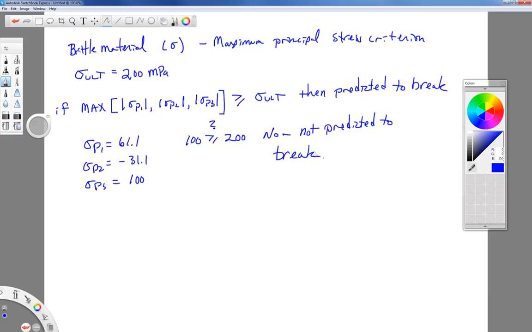Now, there is an assumption that we're making about the material in this particular situation. The assumption is that we have what's known as an isotropic material, which behaves the same in all different directions, and it also behaves the same in tension and compression. For some materials, that's a very good assumption.